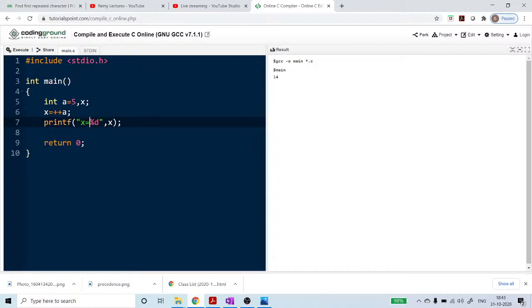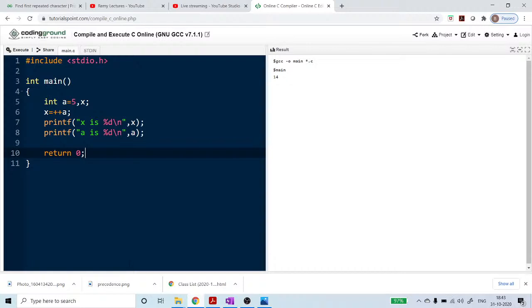So I'll write x is, and I want to show you the value of a in another line, so I'm using a new line character. The same statement I'll use for a also. So a is, here I'm just printing a. Right? So I'm saving and executing the code.